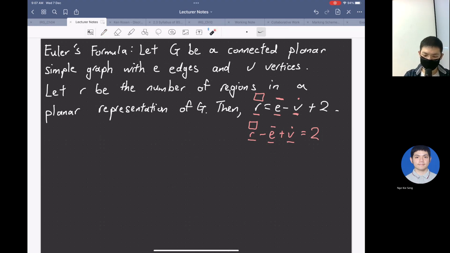You take an alternate sum on different dimensions, going from high to low. So this is how you remember this formula: two-dimensional minus one-dimensional plus zero-dimensional, plus minus plus alternate. And then you will get this 2. And today we will go through the proof of how to get this number 2 here.